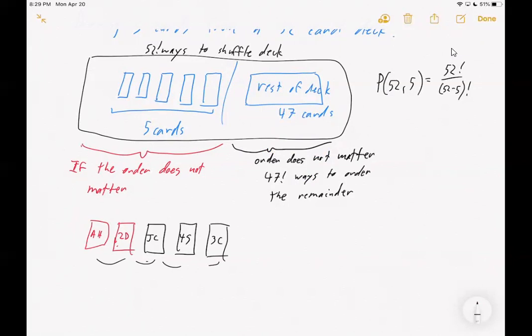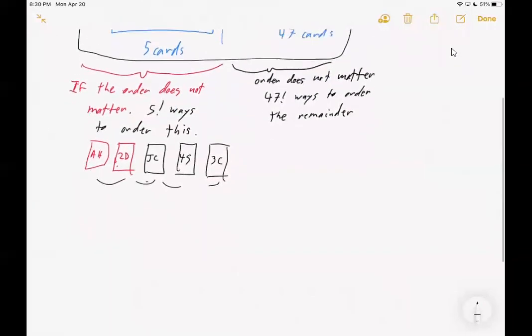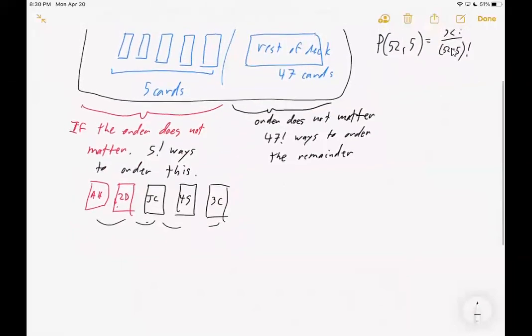Okay, and since it doesn't matter, we treat it exactly like the rest of the deck where the order didn't matter. So if the order does not matter, we consider there are 5 factorial ways to order this. And if the order doesn't matter, then what we could say is the following.